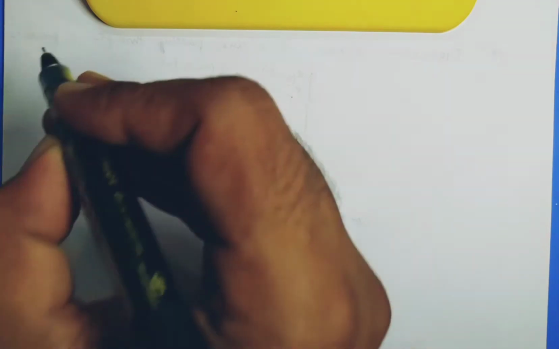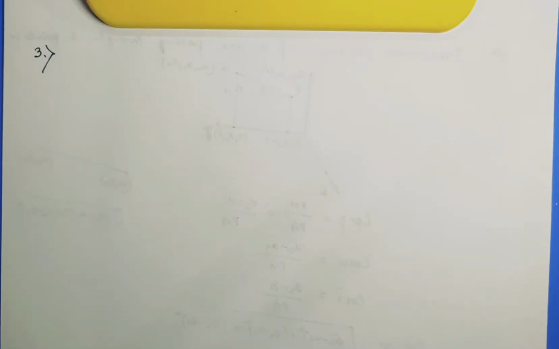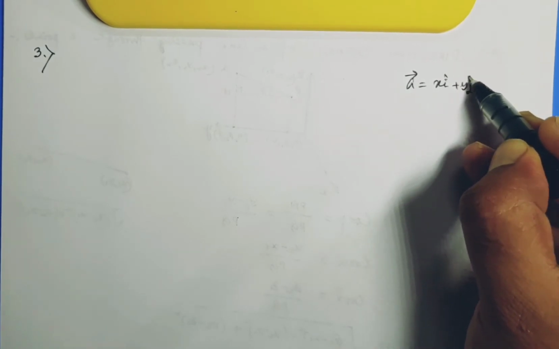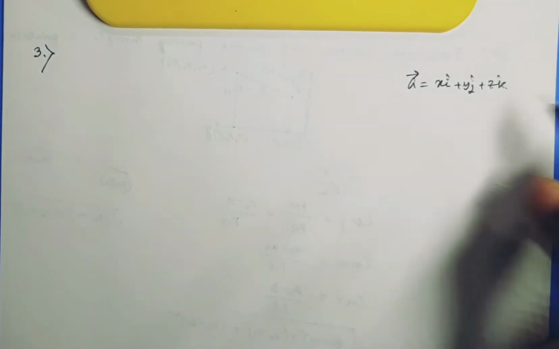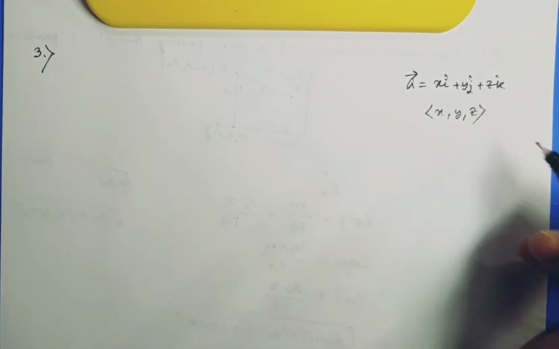Now let's move on to question number 3. In question number 3 it says if a line has the direction ratios minus 18, 12, minus 4, then what are its direction cosines? So in vectors we have already learned, if I have a vector a equal to xi cap plus yj cap plus zk cap, then the direction ratios are x, y, z, right?